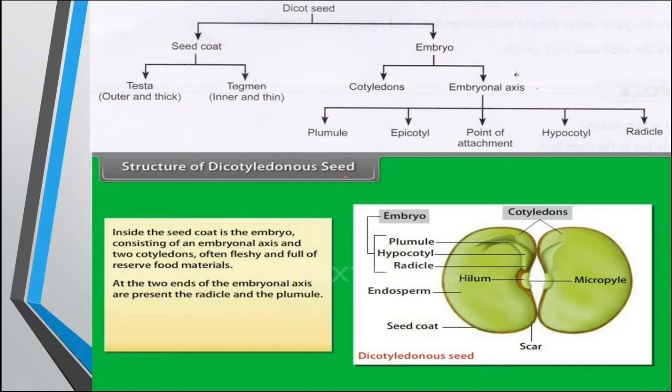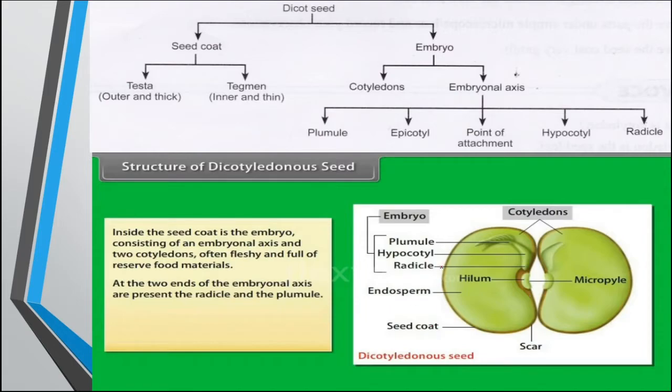Now, the structure of the dicot seed. Inside the seed coat is the embryo, which consists of the embryonal axis and two cotyledons, often fleshy and full of reserve food materials, and at the two ends of the embryonal axis are the radicle and plumule. Here in the figure we can see the plumule towards the upper side, which will give rise to the shoot system, and towards the lower side the radicle, which will give rise to the root system.